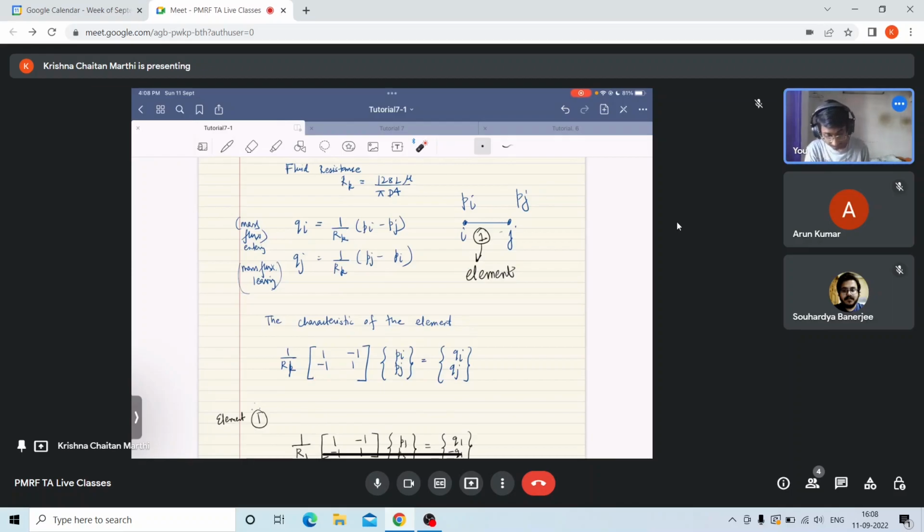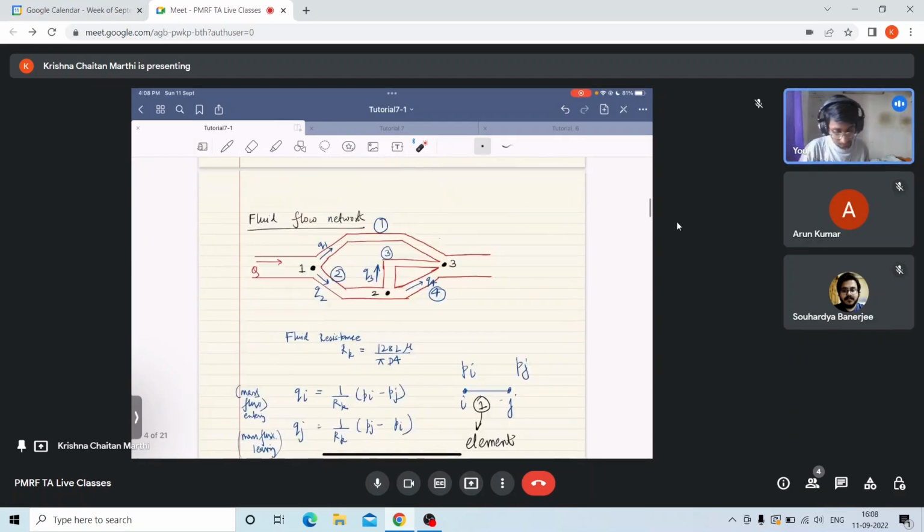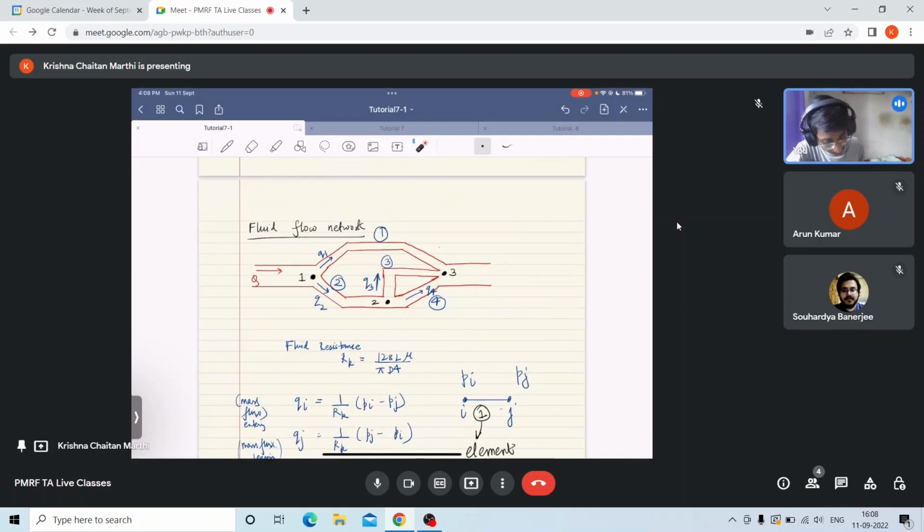Okay, so now for this problem we have four elements and three nodes. So what are my elements? This 1 to 3 is my first element. This 1 to 2 is my second element, 2 to 3 is my third element, and this 2 to 3 region is the fourth element.